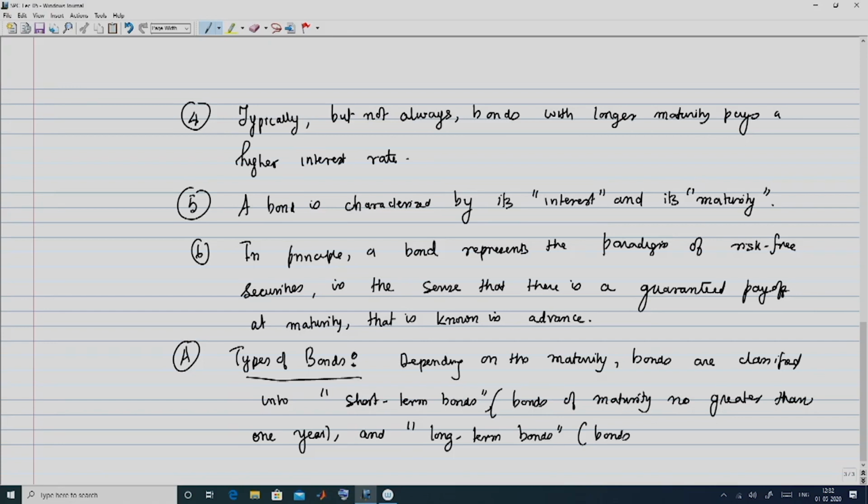These are bonds of maturity exceeding 1 year.